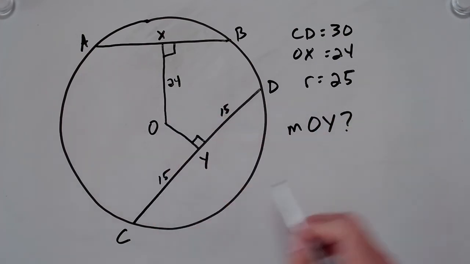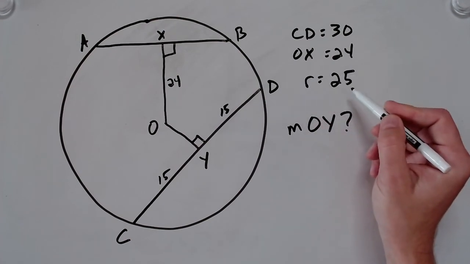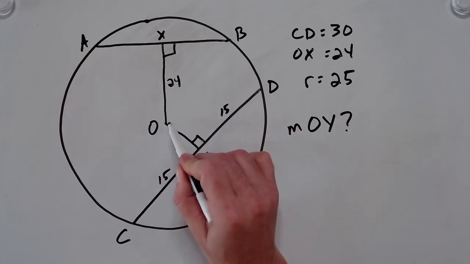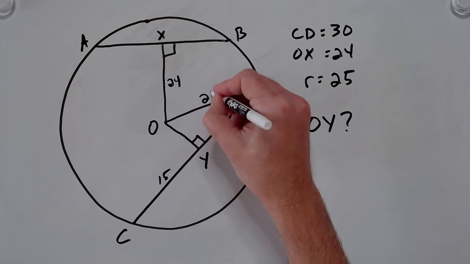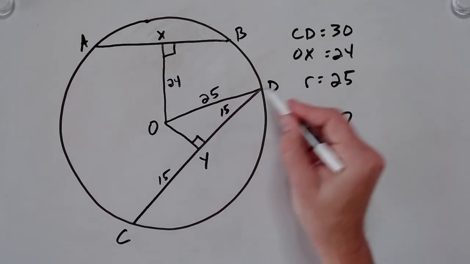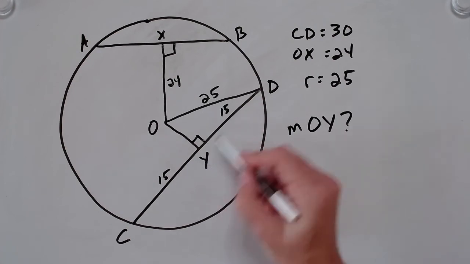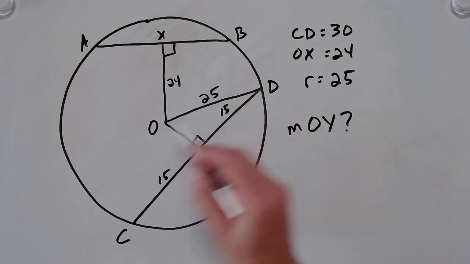So the tricky part about this one is this last thing that we just said, the radius is 25. So what we can do is connect O to D, like this, OD, like the dog, and put 25. And we've made ourselves a nice little right triangle here. So we know that this leg squared plus this leg squared will equal this leg squared.